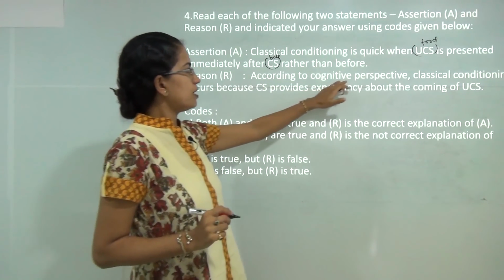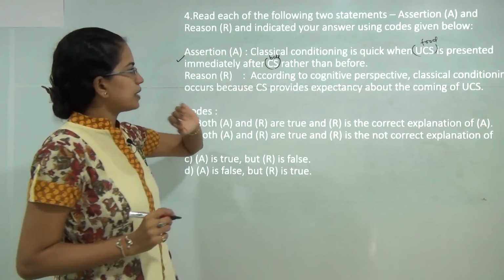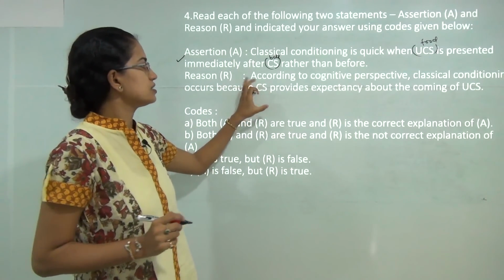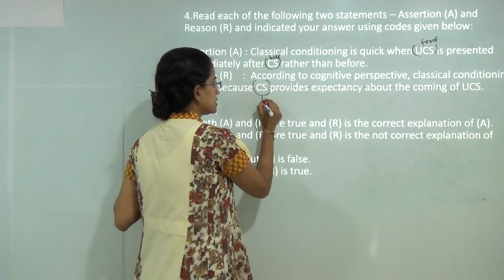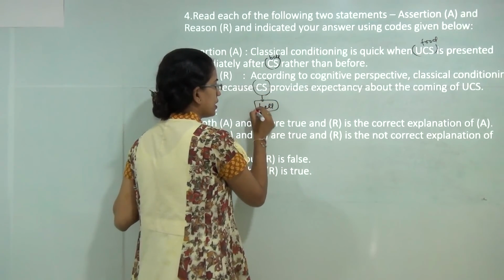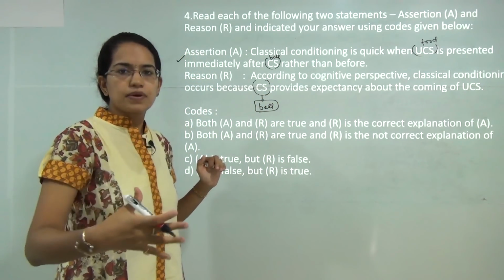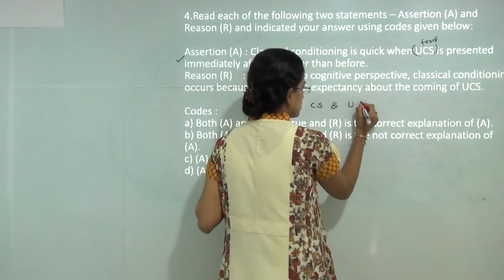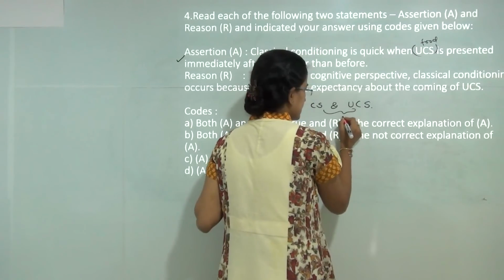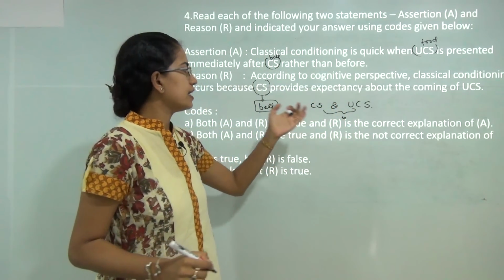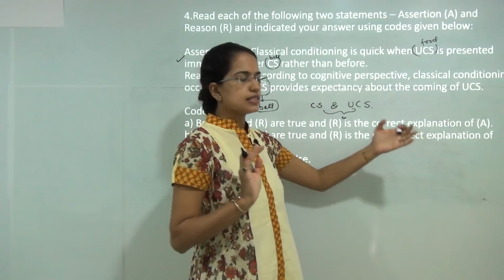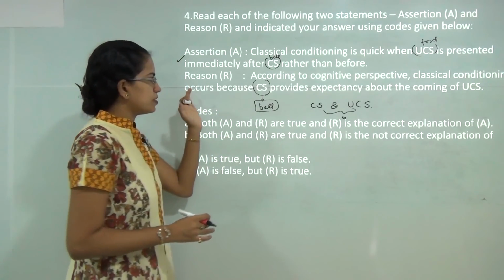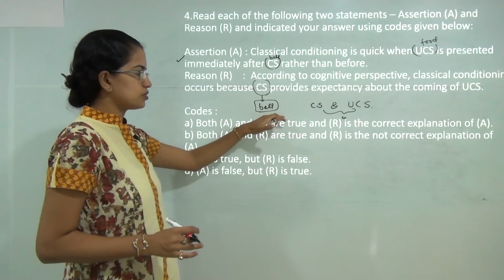Now people of the cognitive perspective explain that classical conditioning occurs because the bell provides an expectancy or an idea of the upcoming food. So if the gap between unconditioned stimulus and conditioned stimulus is less, the expectancy would be higher, and as the gap increases, the expectancy would tend to reduce. When Pavlov first did his experiment, he did not introduce a bell.